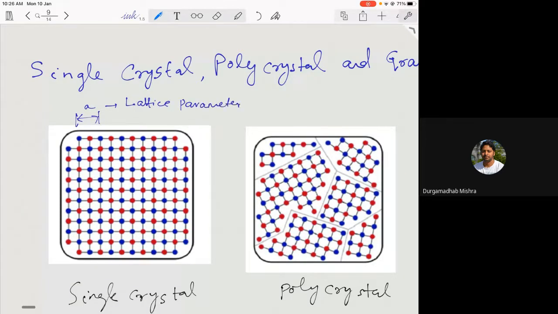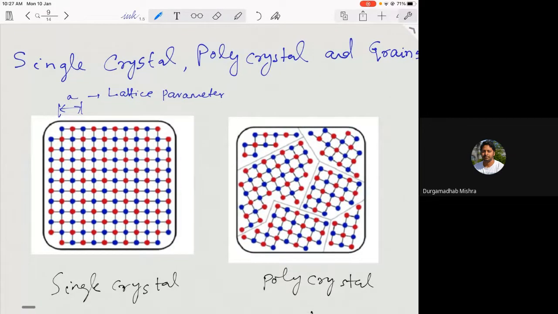It is not changing. The distance between two neighboring atoms is not changing, in a single crystal as well as in the polycrystal case. What is changing is the orientation of the atoms, how they are arranged.